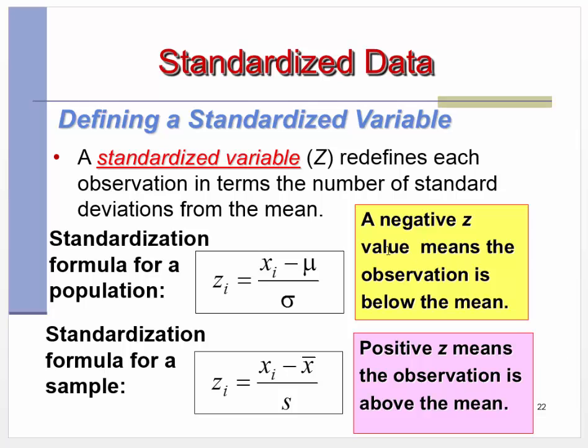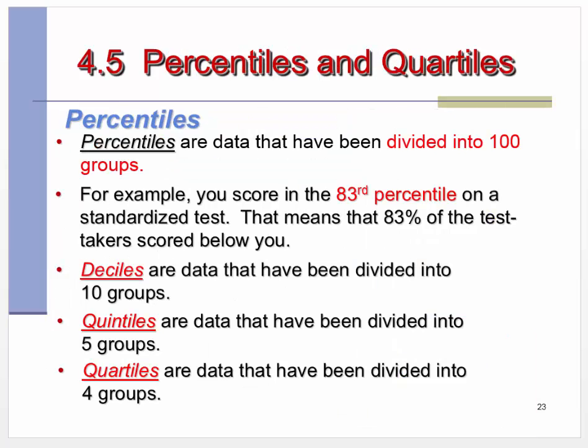How do you standardize it? The standardization formula for a population is the z-score, which equals xi minus mu, the mean, divided by the standard deviation. The standardization formula for a sample is xi minus x bar, the mean, divided by the standard deviation. Once you do this, you convert the number into a z-score, a standardized value. Then this follows a standardized normal distribution, which makes it much easier to calculate using the standard table.